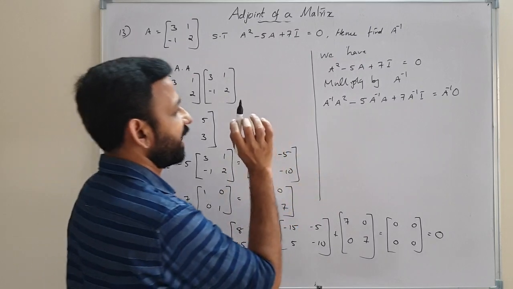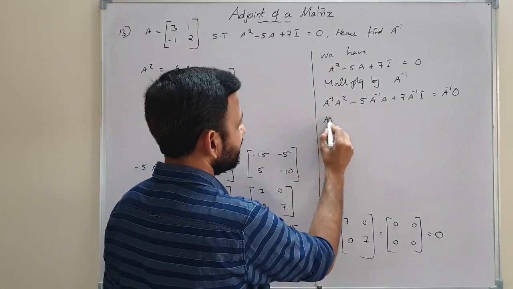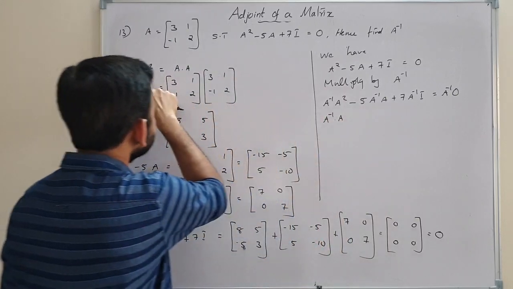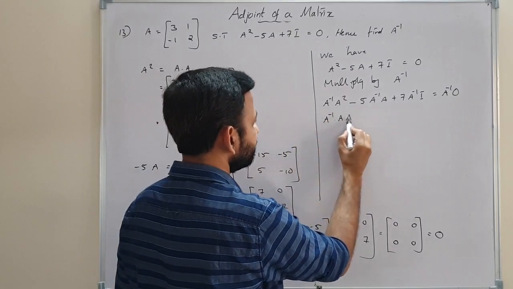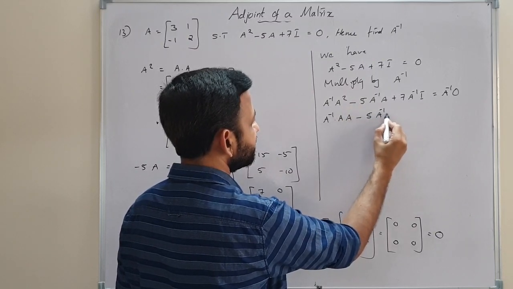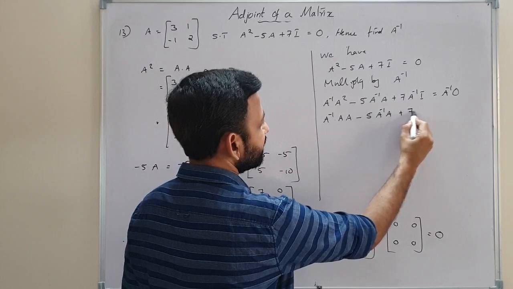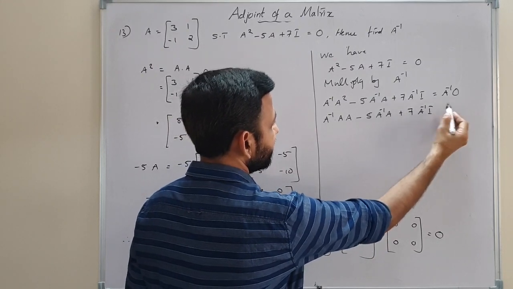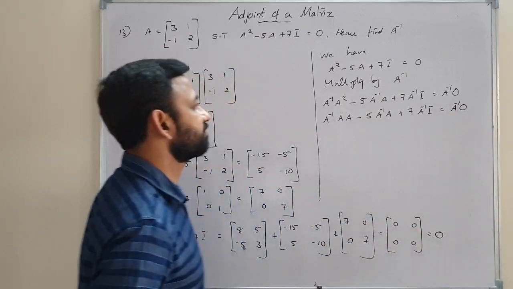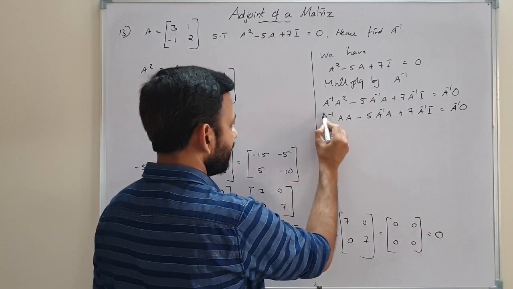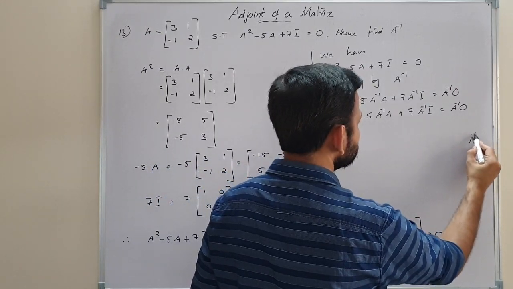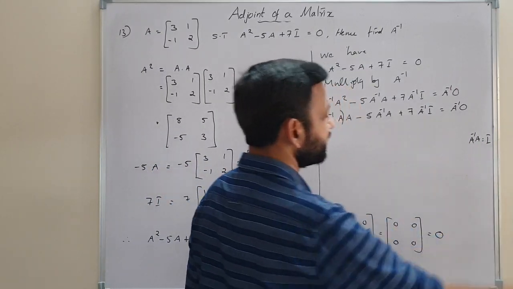So A inverse into A square, we can write A square as A into A. Minus 5 into A inverse into A plus 7 into A inverse into identity matrix is equal to A inverse into 0 matrix. So here A inverse into A is identity matrix.